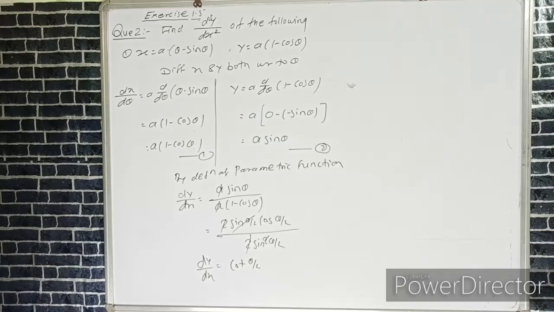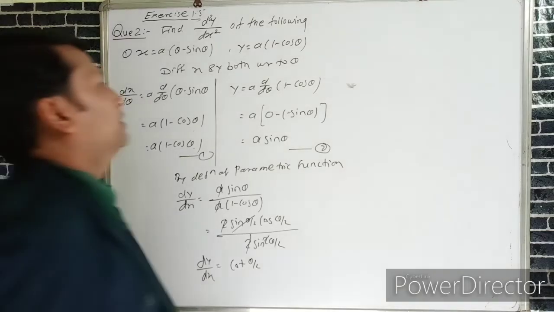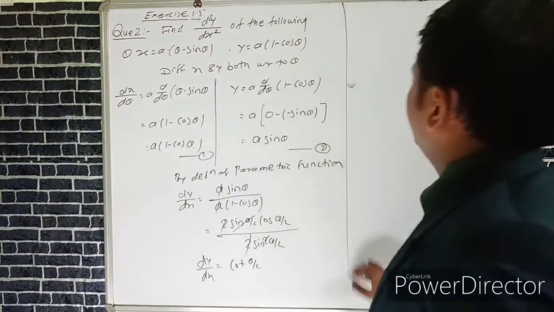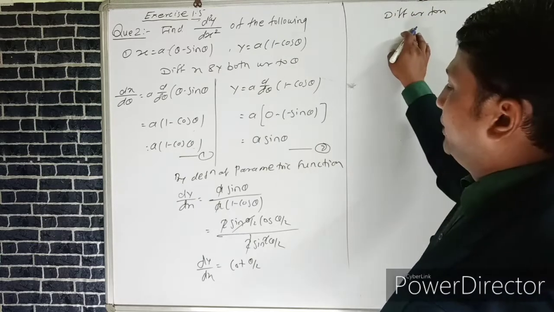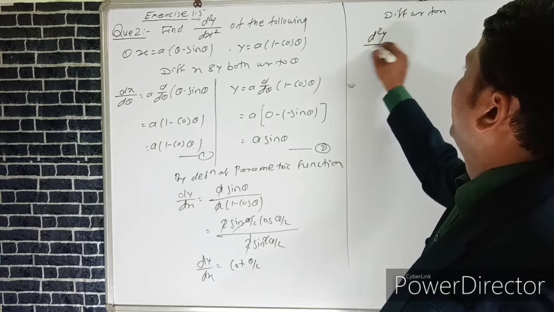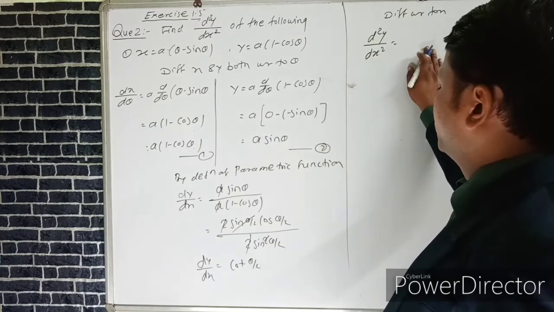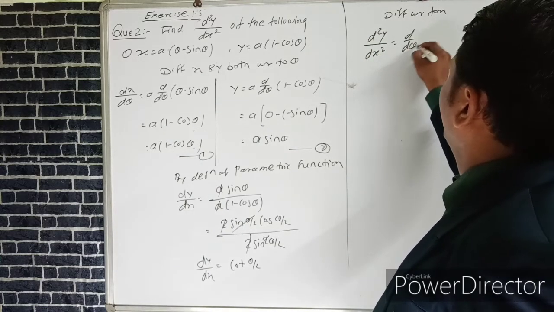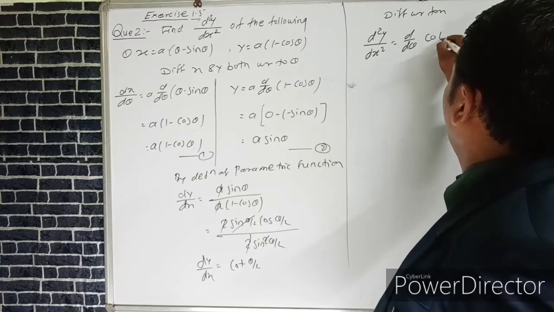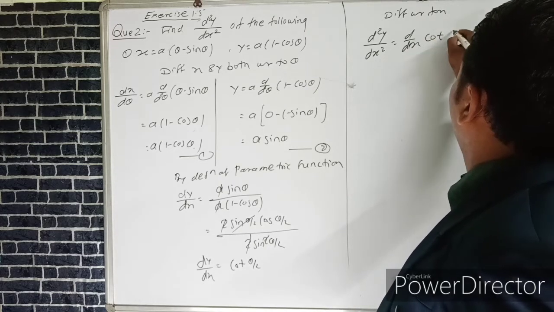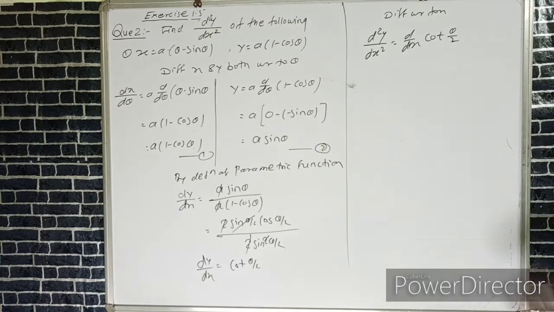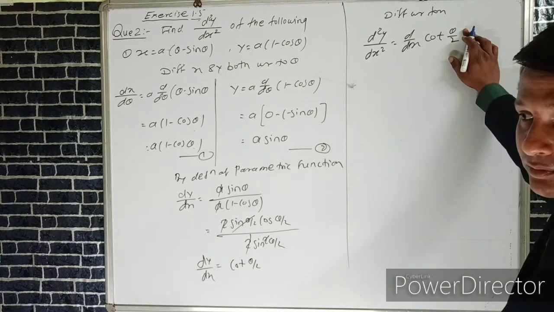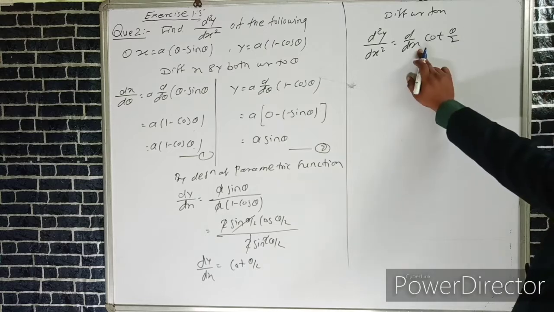But we have to find the second order derivative, d2y upon dx square. If we differentiate dy by dx with respect to x, we get d2y upon dx square equals the derivative of cot theta by 2. Here the parameter is theta, and the differentiable variable is x.